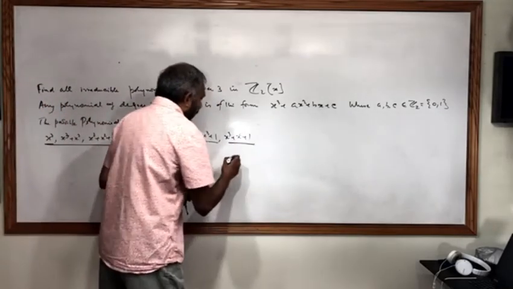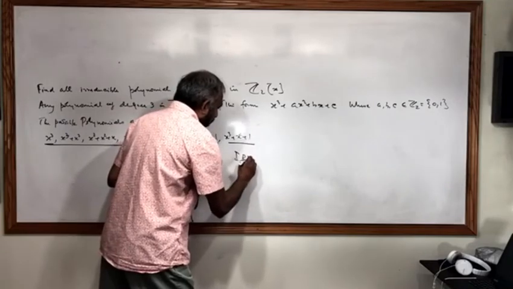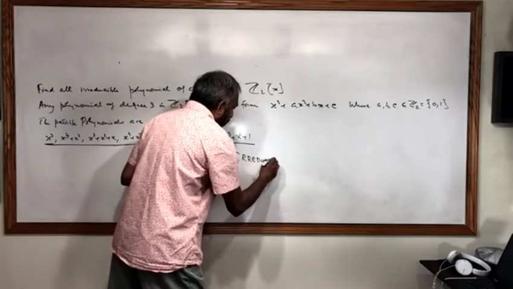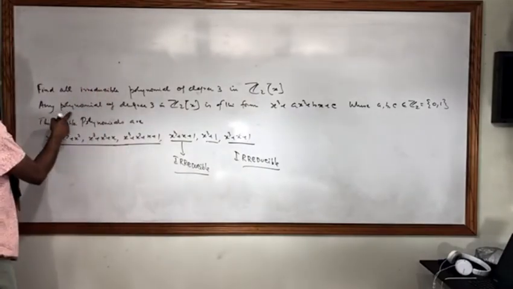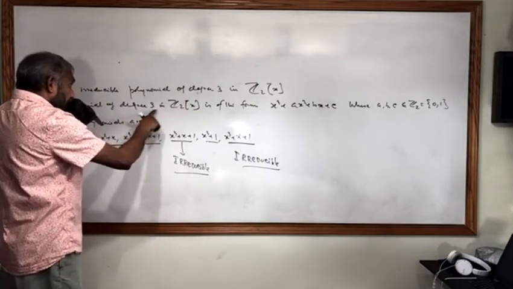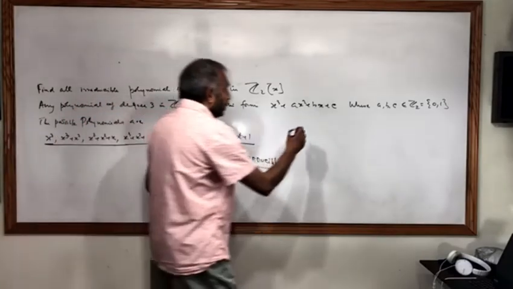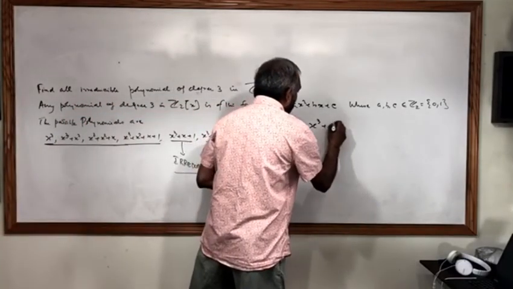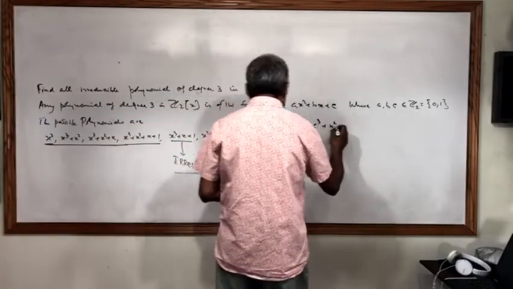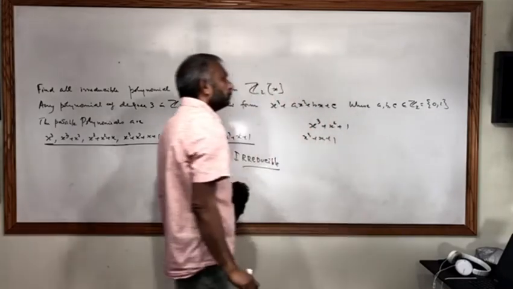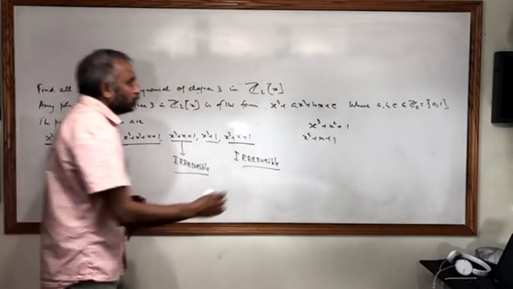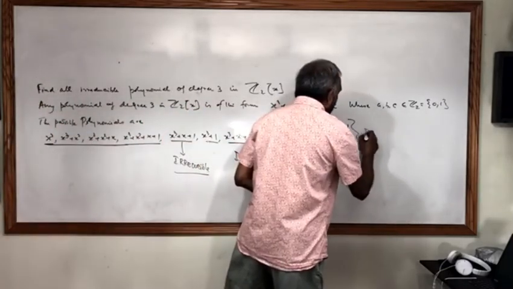This also is irreducible. So there are only two irreducible polynomials of degree 3 in Z2[x], and they are x cubed plus x squared plus 1 and x cubed plus x plus 1. Only these two are irreducible.